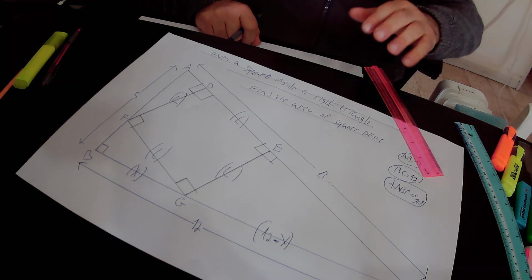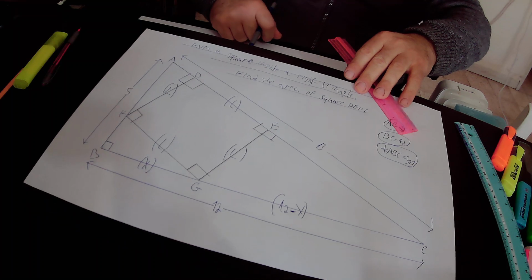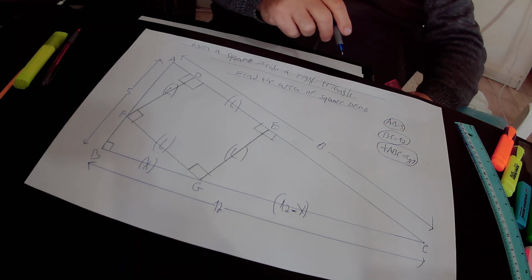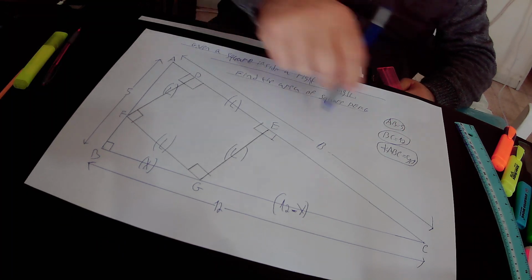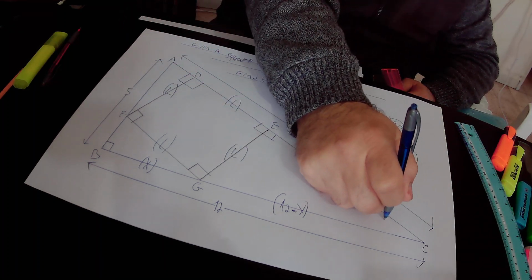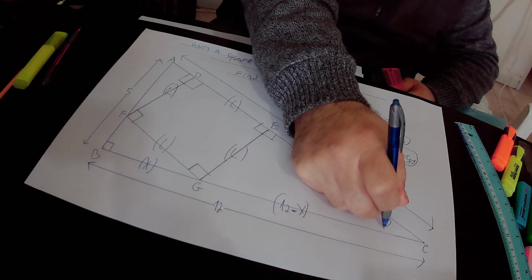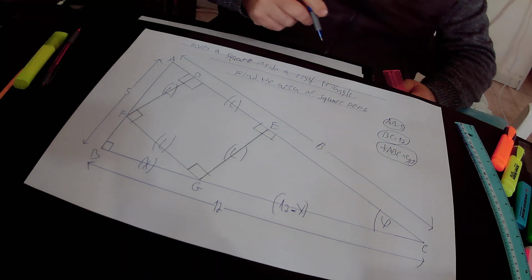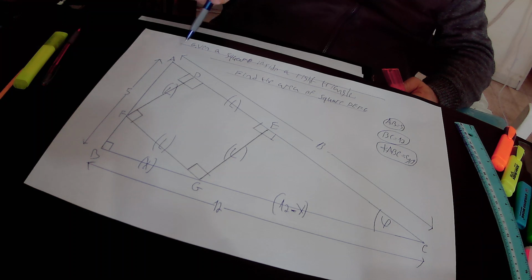The next step, we define the size of this angle, that is actually angle ACB, as alpha, and we will focus on the big right triangle ABC.